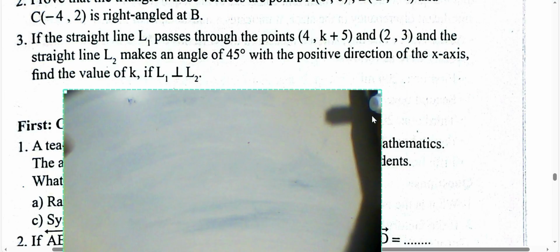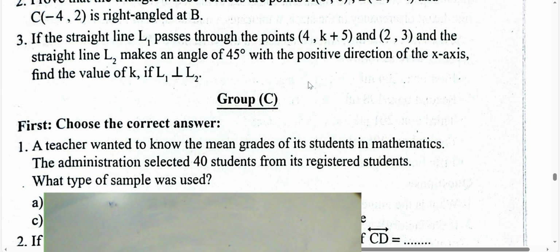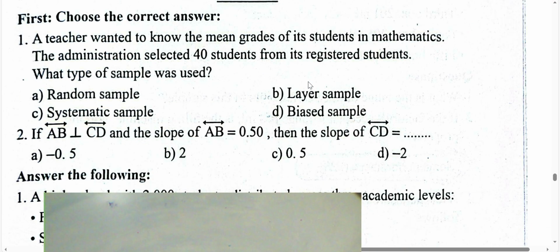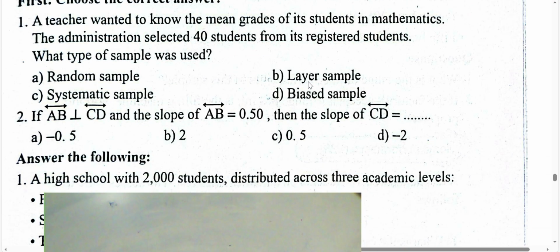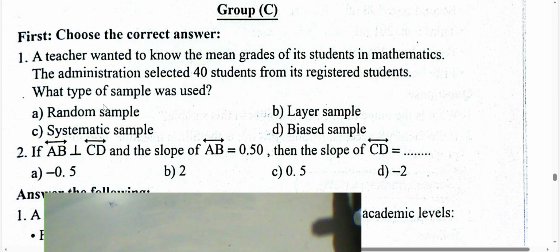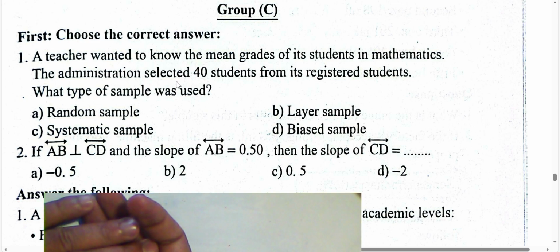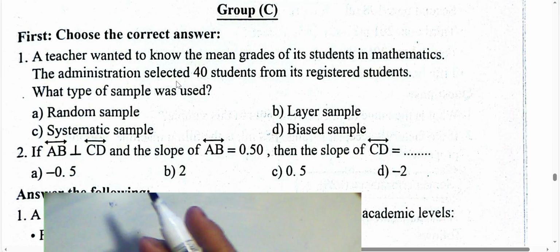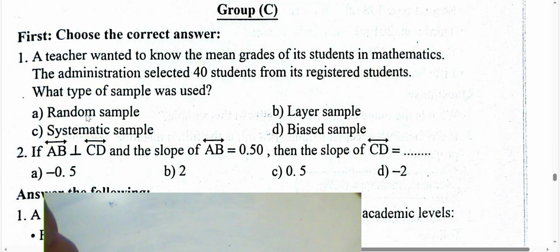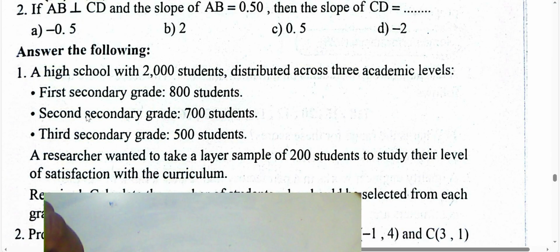Next question. Group C, a teacher wanted to know the mean of grades of 80 students in mathematics. The administration selected 40 students from its registered students. What type of sample? It will be a random sample. I explain it in a minute. The list is like this.